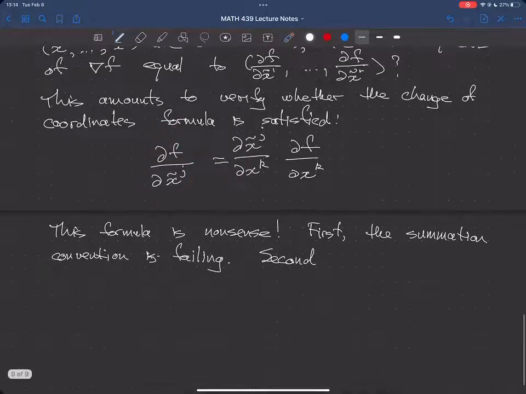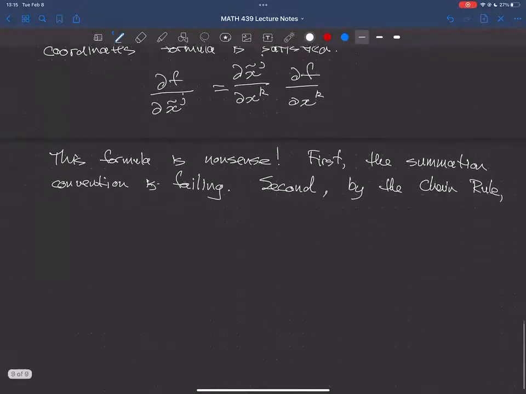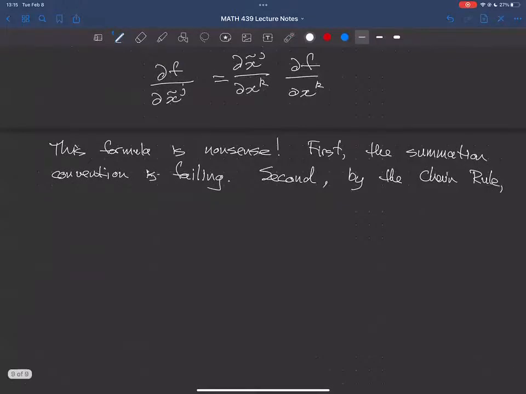Second, by the chain rule, what do I know is true? Well, I know that df by dx tilde j, and I'm just going to use the chain rule to evaluate this expression.